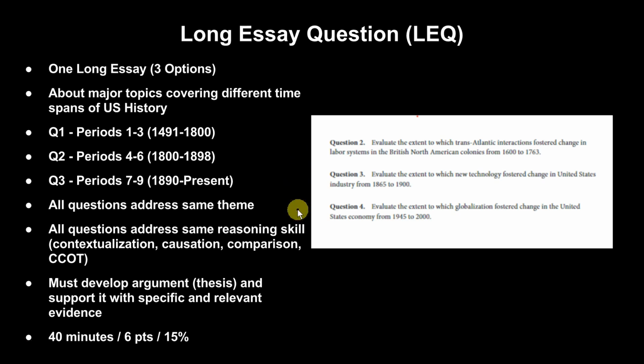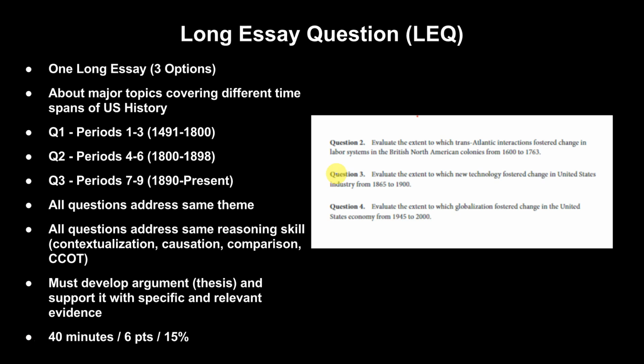They also are all going to address the same reasoning skill or historical thinking skill. So all 3 questions will be either contextualization, causation, comparison, or continuity and change over time. Again, we'll talk about all of those throughout the course. Again, the only thing that's going to be really different about 2, 3, and 4 is the time periods and the topic, the content.